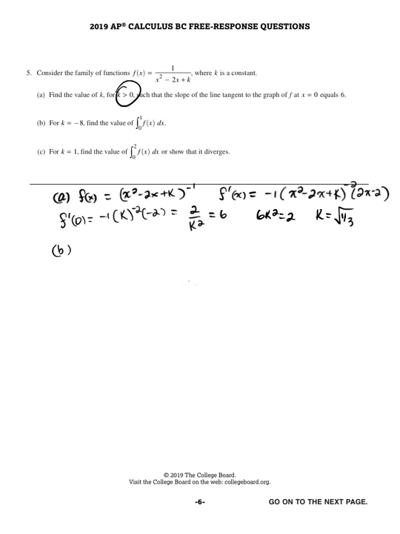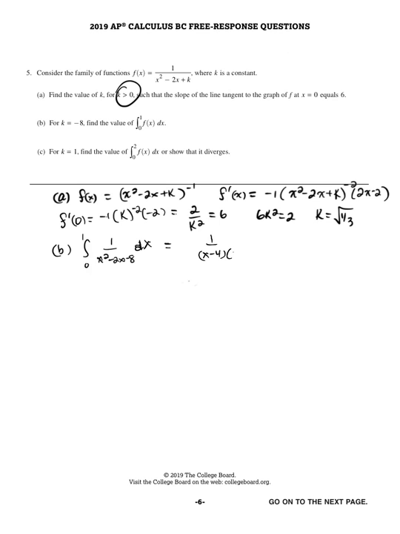So I'm looking at question B. I'm going to integrate the integral of 1 over x squared minus 2x minus 8. So when I go to integrate this, I'm going to use partial fraction decomposition.